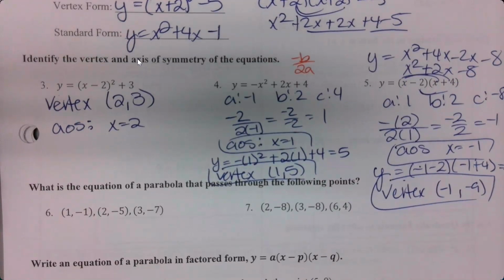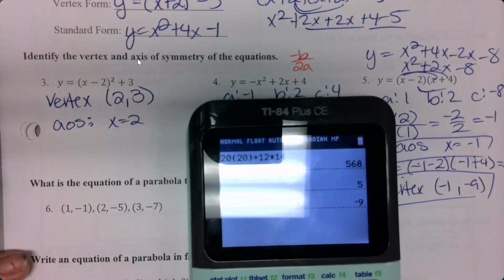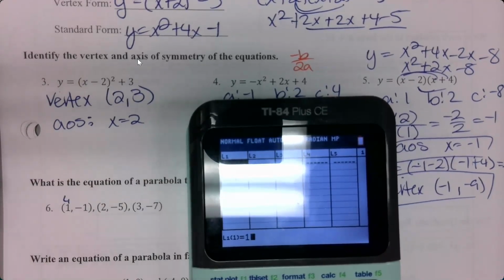This one wants me to write the equation of a parabola that passes through the following points. I'm going to do this by going to Stat, Edit. I'm going to type in these, which are going to be my L1s, and then Y's are going to be my L2s. So I have 1, 2, 3.